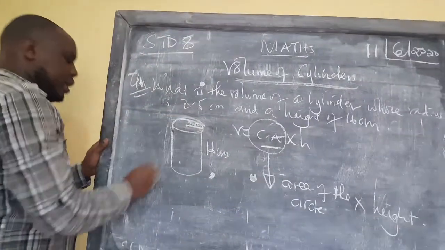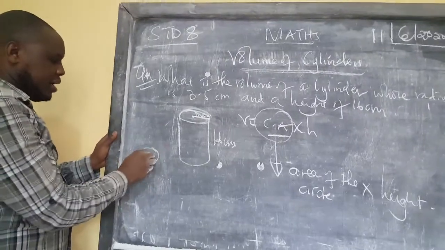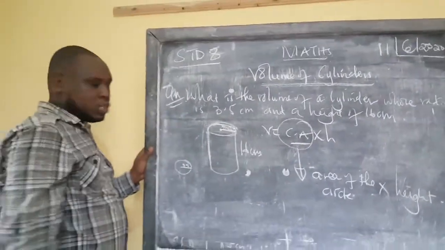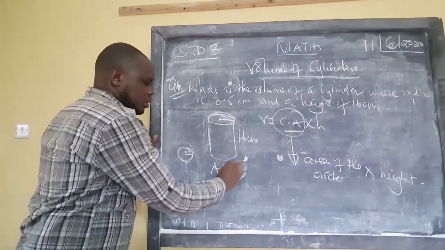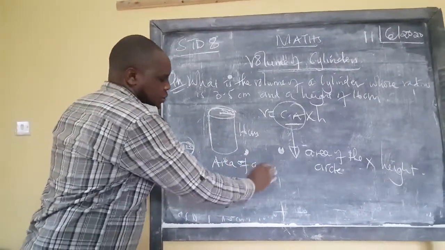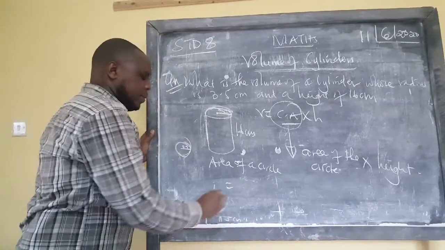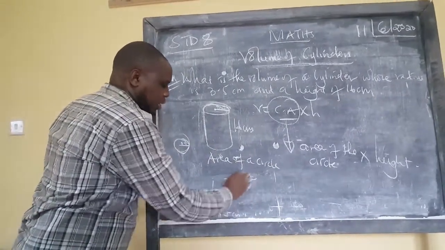Now our circle here has a radius of 3.5 centimeters. So let's get the area of this particular circle. Area of a circle is calculated by pi r squared.